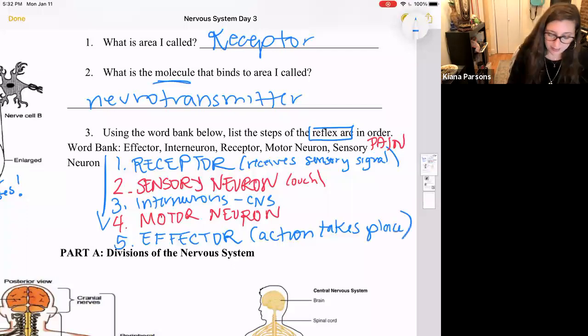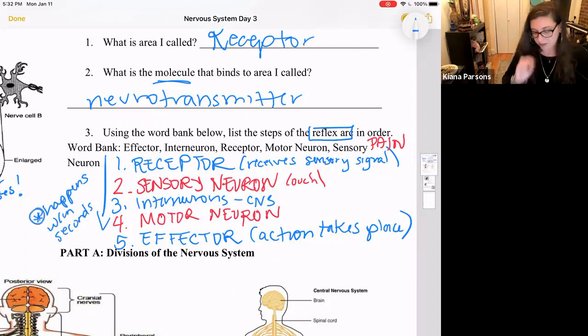And this all happens within seconds. So fast. All right. So that's our brief little review of the reflex arc.